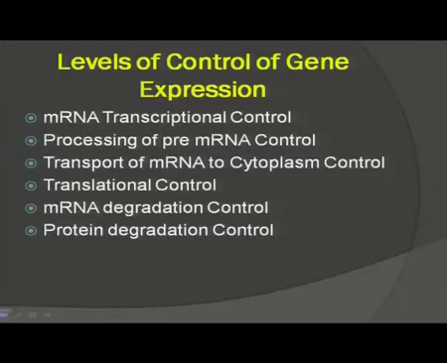These levels are: messenger RNA transcription control level, processing of pre-messenger RNA control level, transport of messenger RNA to cytoplasm control level, translational control level, messenger RNA degradation control level, and protein degradation control level. These are the various control levels found in eukaryotes, and this is because of compartmentalization, because of the presence of a nucleus in eukaryotes.